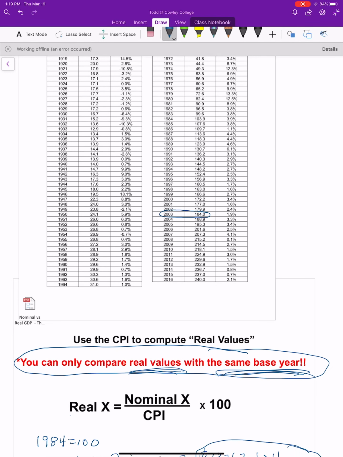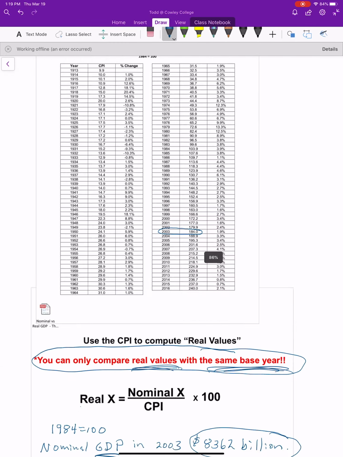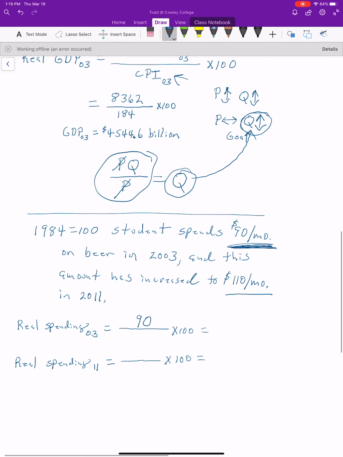Again, in this particular case, that number is going to be 184. So let's take that back down, and we're going to plug 184 into this. If you take 90 on your calculator divided by 184, and then multiply it by 100, you get real spending of $48.91.